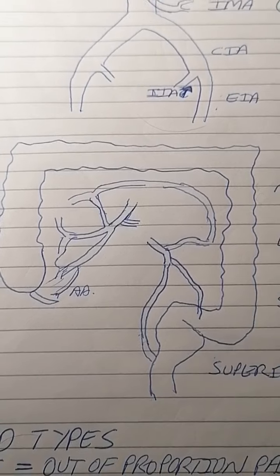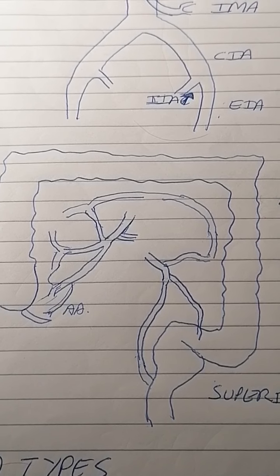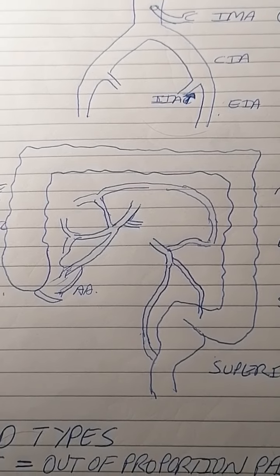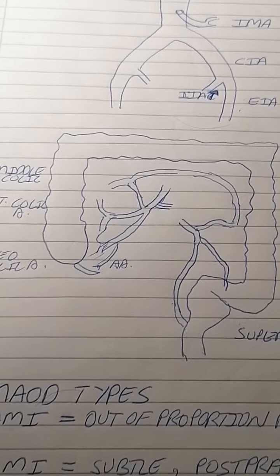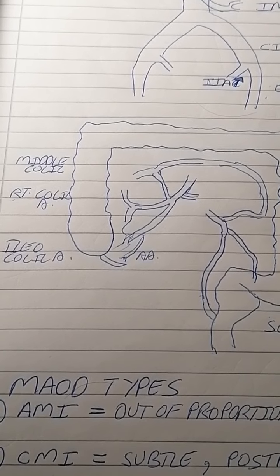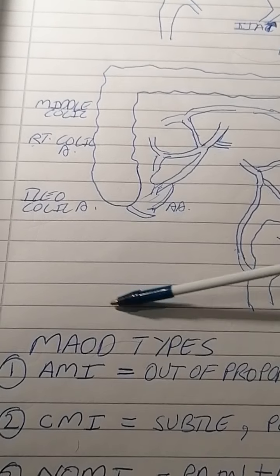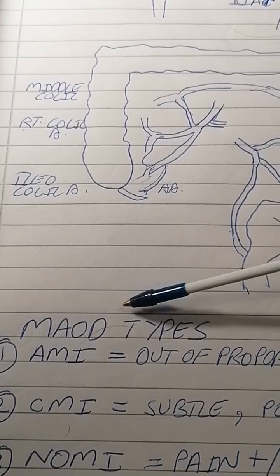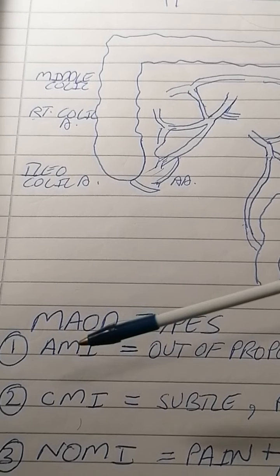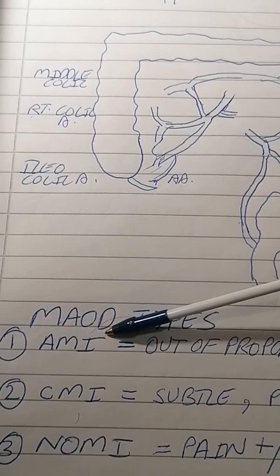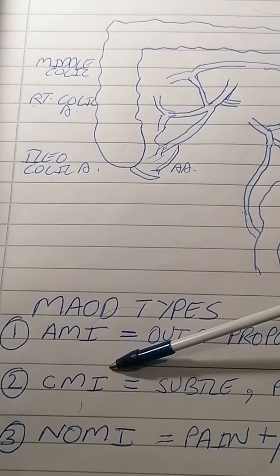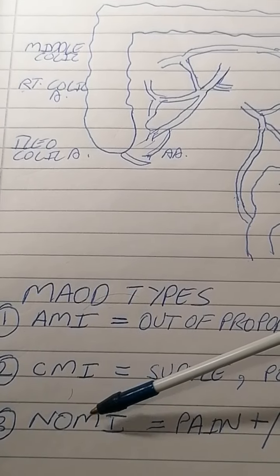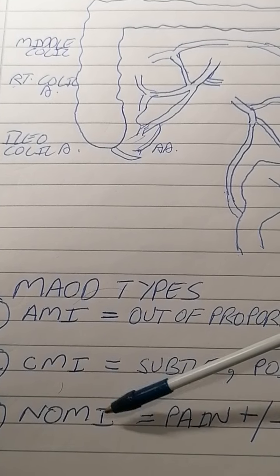That's all. Now let's talk about the occlusion taking place in any of these arteries. Then what will happen? There are 3 main types of mesenteric artery occlusive disease. First one is acute mesenteric ischemia, then chronic mesenteric ischemia, and the third is non-occlusive mesenteric ischemia.